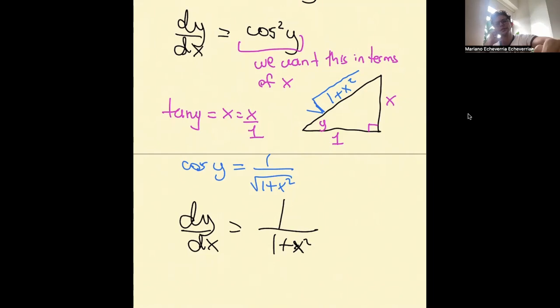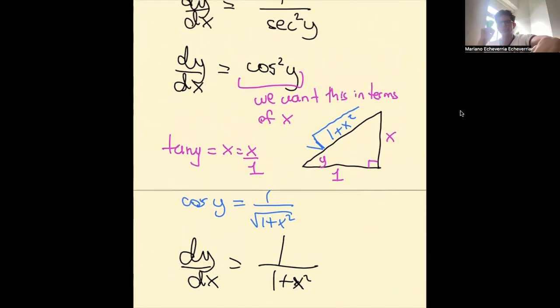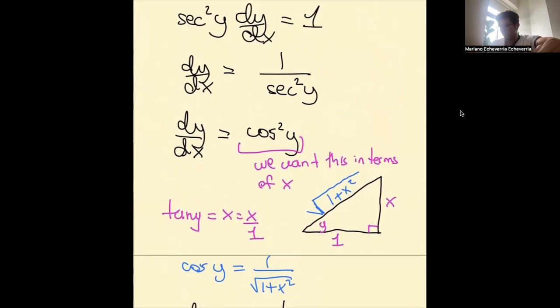So again, it's another implicit differentiation problem, but you have to remember the... oh, okay, good. So you're saying, like you mean in this step from secant to cosine?